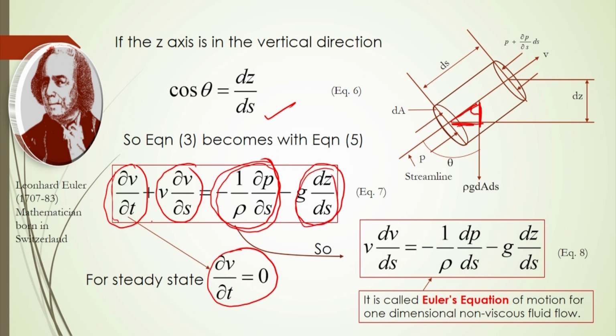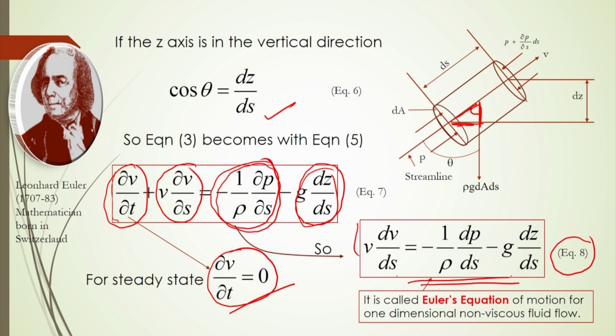Now, the total equation can be simplified as V dV by dS equal to minus 1 by rho dP by dS minus g into dz by ds, because for steady state condition dou V by dou t is equal to 0.